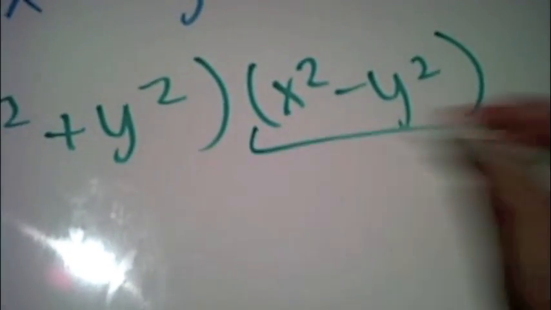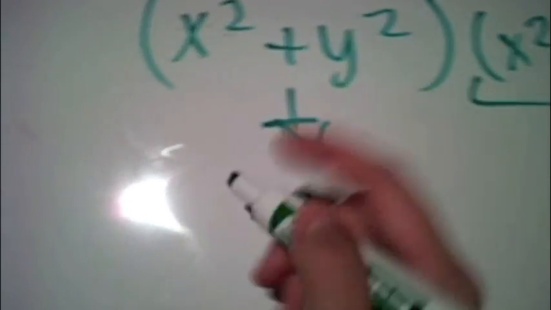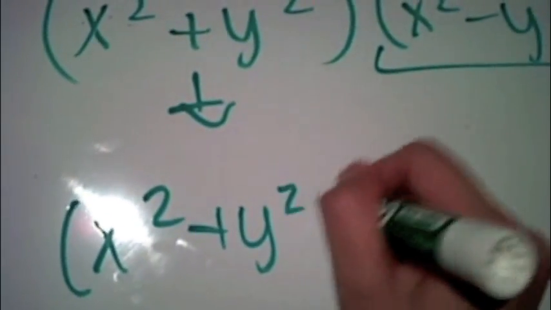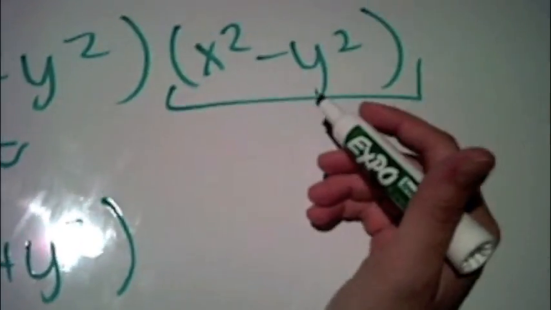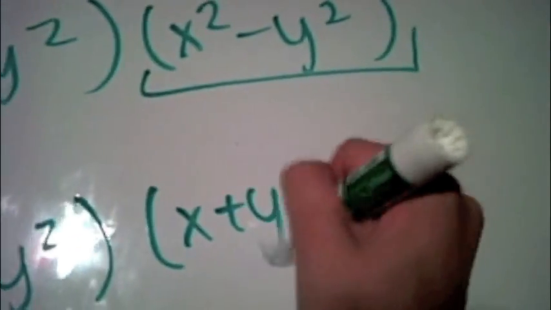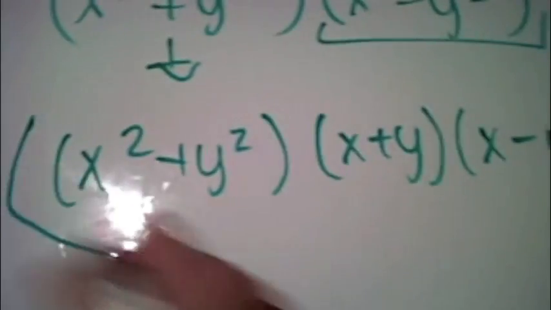And then this one, it's a difference of squares. So you bring down this term, x squared plus y squared. And this one, since it's a difference of squares, you factor it out to x plus y, x minus y. And this is your final answer.